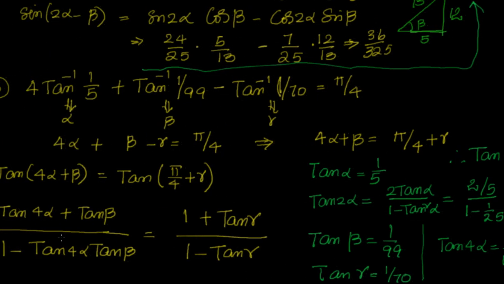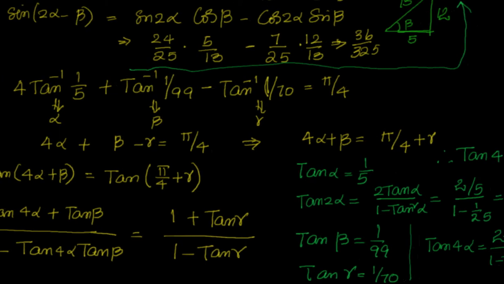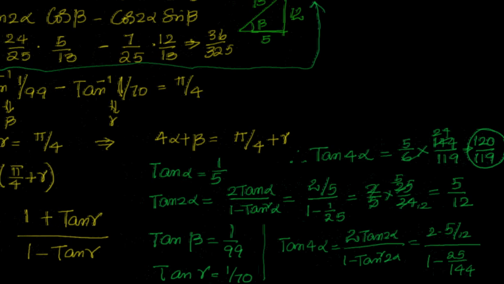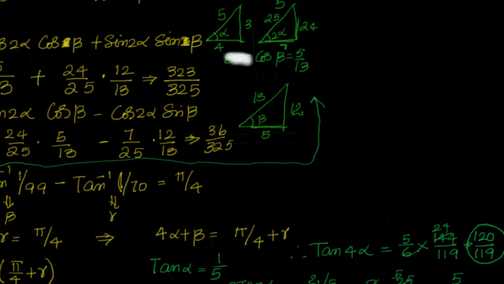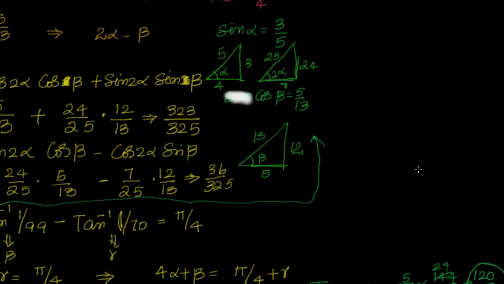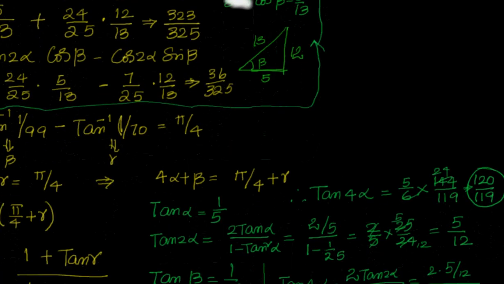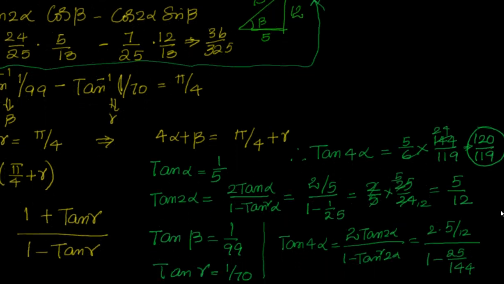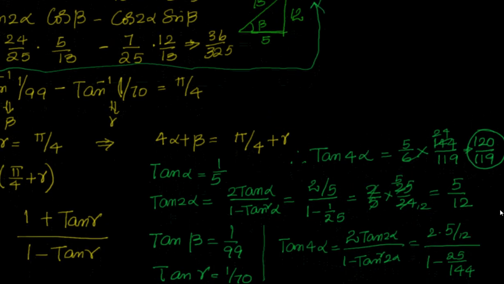Tan of 4 alpha plus beta equal to tan of pi by 4. First I will do the left hand side. What I have is tan of 4 alpha plus tan beta. We have all the values here, right?